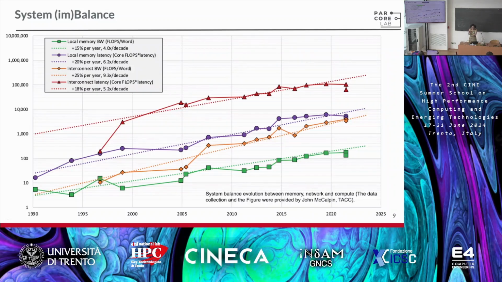Here again, a higher number is not better. It shows the increasing imbalance between your compute speed versus your bandwidth speed or latency numbers, and the gap is increasing over time.